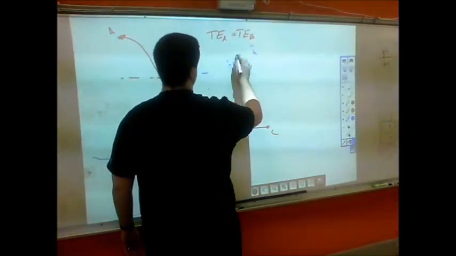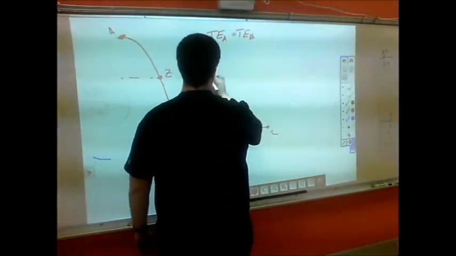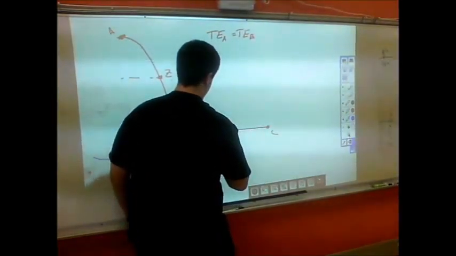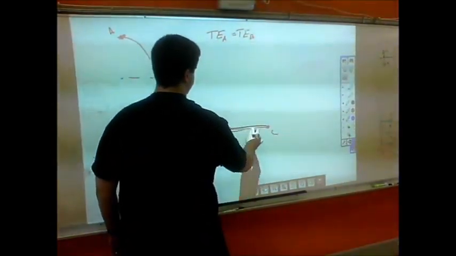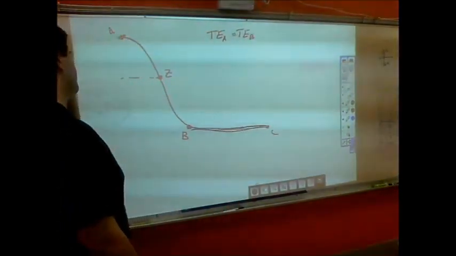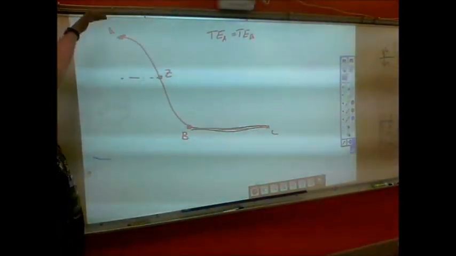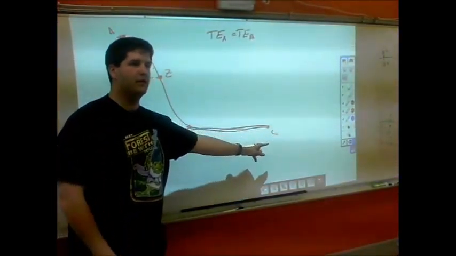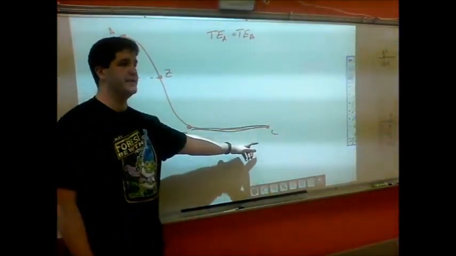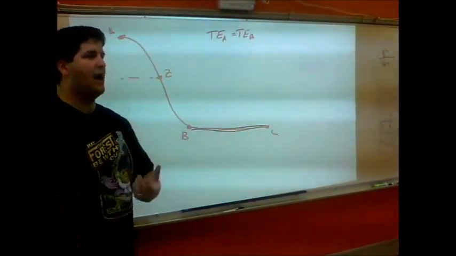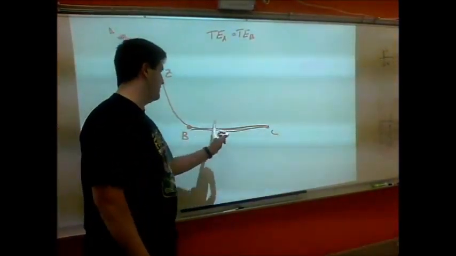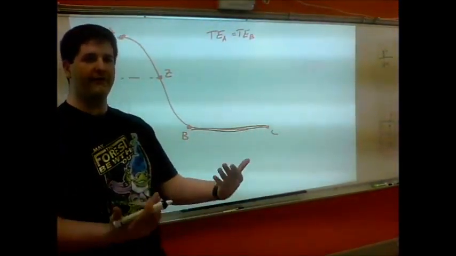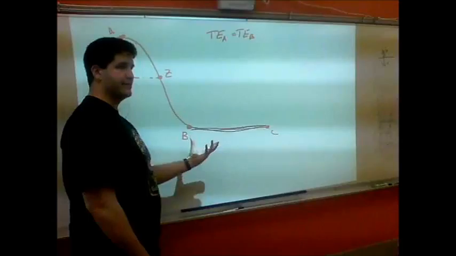The question then asks, what is the coefficient of friction in this friction-y part right here? Remember that's in black. Oh my god, there's so much friction. Well, the first thing you have to know is that if you go from kinetic energy at B to rest at point C, where there is no energy, energy is no longer conserved when you're going from B to C. It's no longer conserved because there's an external force acting on the system.